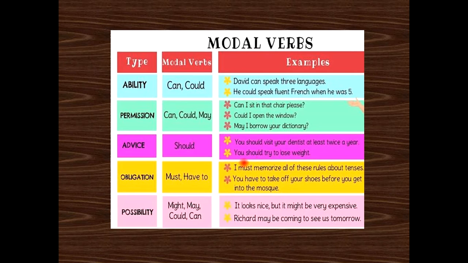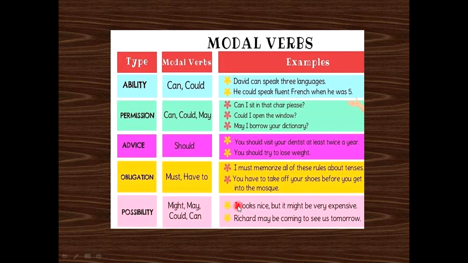Let's suppose the sentence is, I must memorize all of these rules about tenses. Over here I am giving obligation to myself, I am ordering myself that I must memorize, because I would be having a test the other day. We can give orders to others as well, like, you have to take off your shoes and all that. Okay, next is possibility.